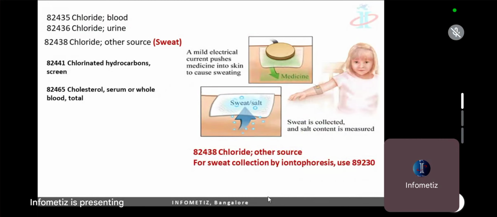82435, chloride from the blood, and 82436, chloride from urine. 82435 chloride from the blood, and 82438 from other sources.